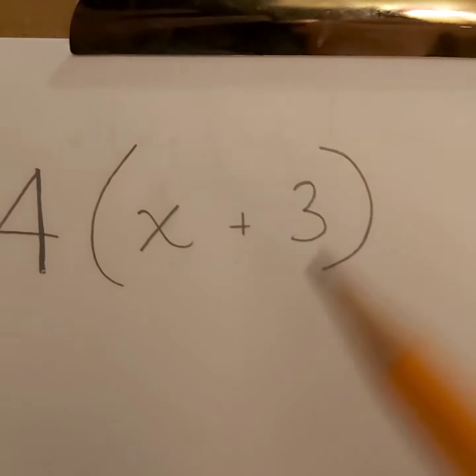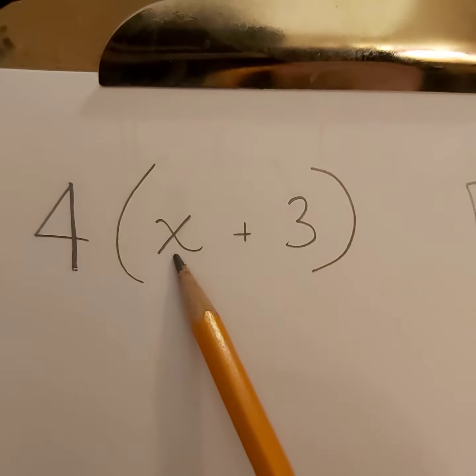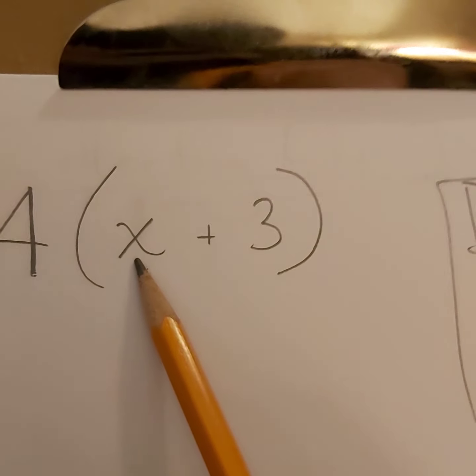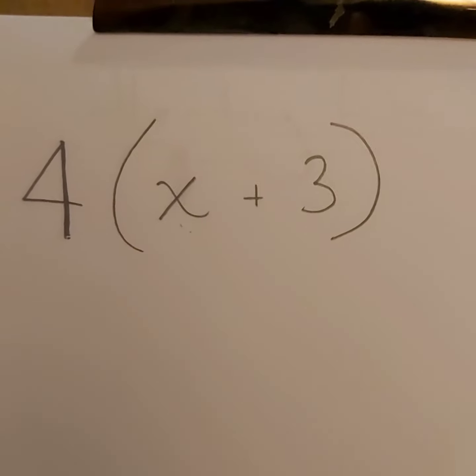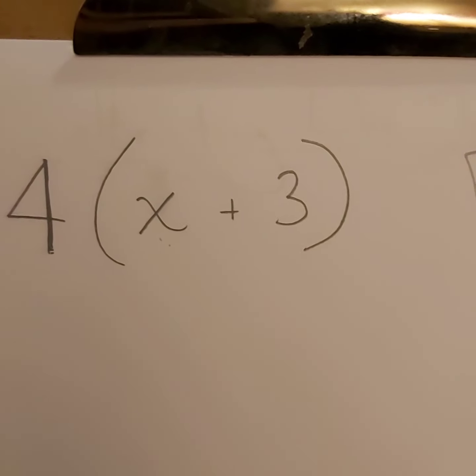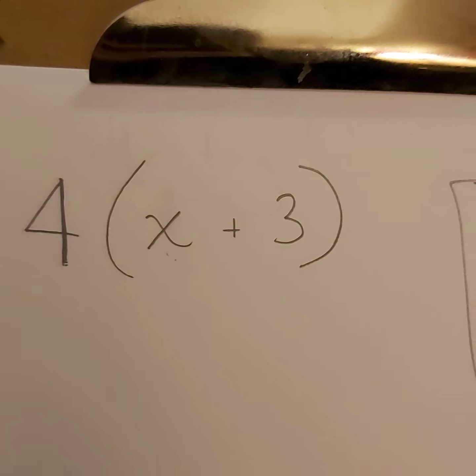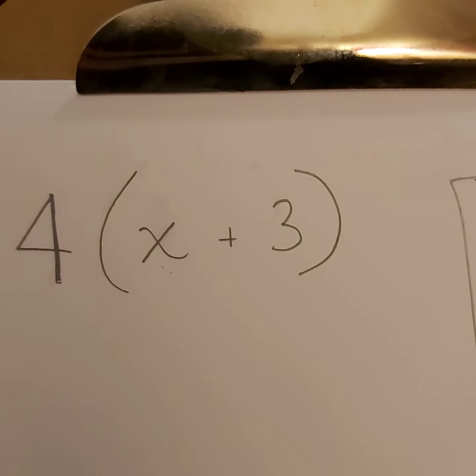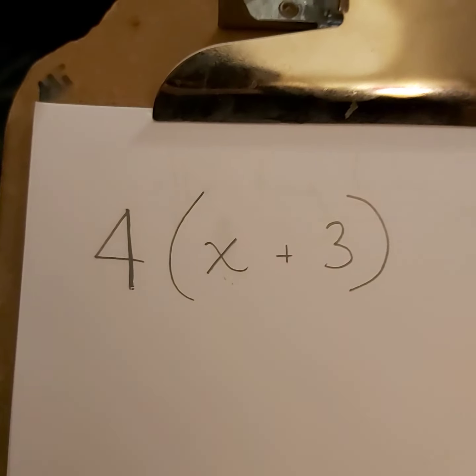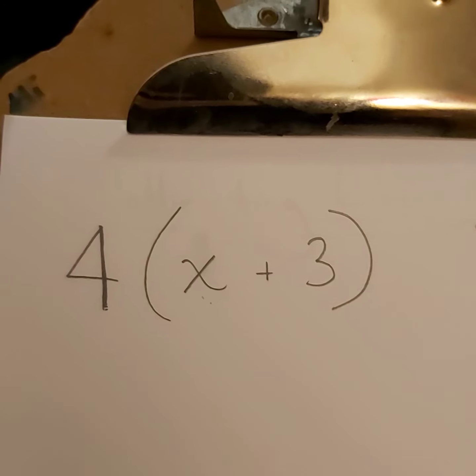Now, when you're dealing with an algebraic expression, you have this variable, a letter. It's an unknown. I can't just do my BEDMAS like normal because x plus 3, if I don't know what x is, I can't add those things together. What am I supposed to do about that? Well, here's where the distributive property comes in.